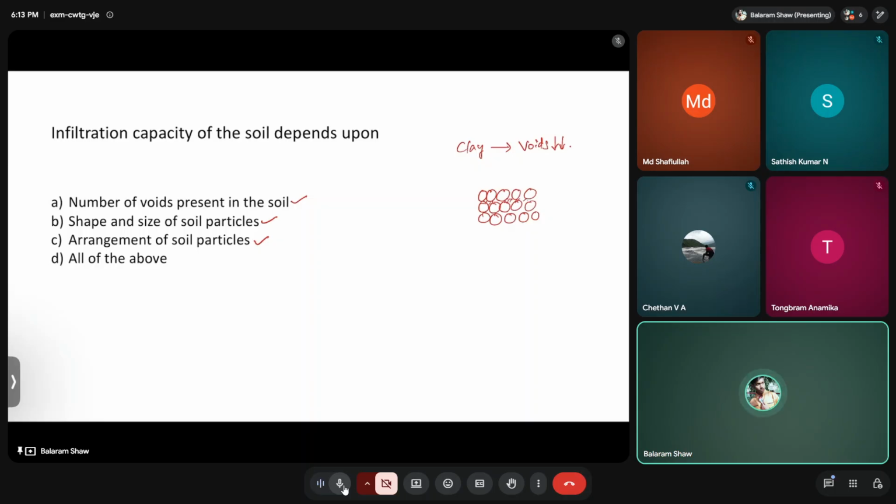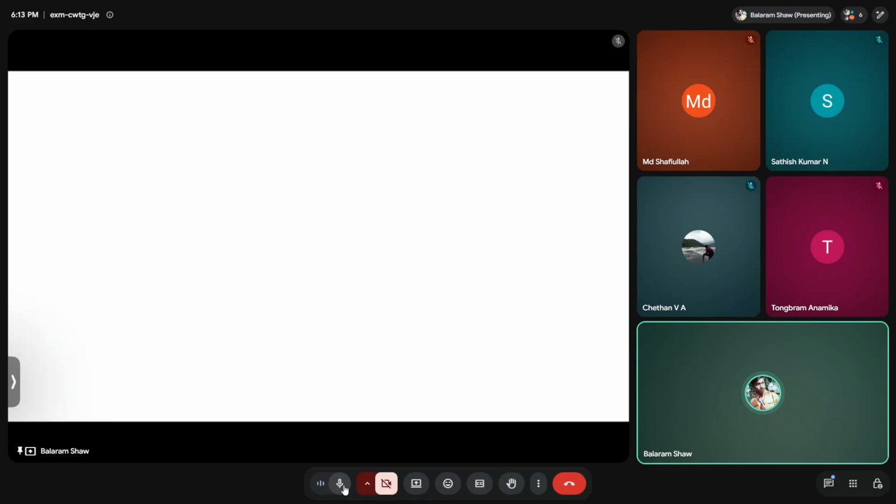Whereas if we take some different shape and size and the arrangement is something like this, then there are very few voids, so again the infiltration capacity will be less. So the correct answer will be all of the above, option D. Any question here? If not, we'll move to the next question.